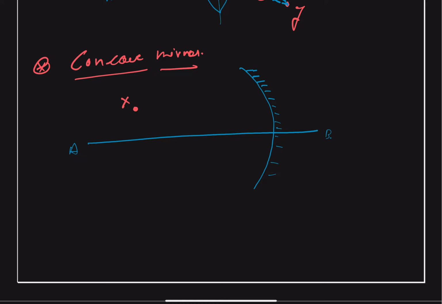So therefore, one ray will be passing through the focus. This will be our focus F, and the other one will be passing through the center of curvature, and here we are going to get Y. So this is for the concave mirror. It is straightforward.